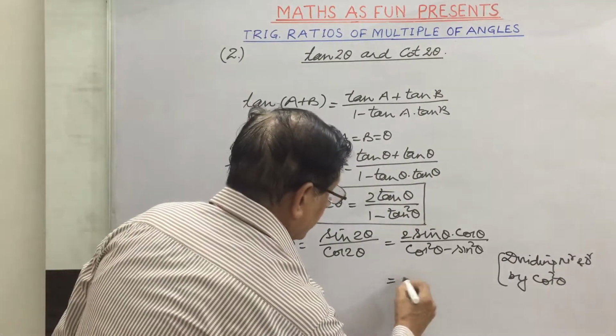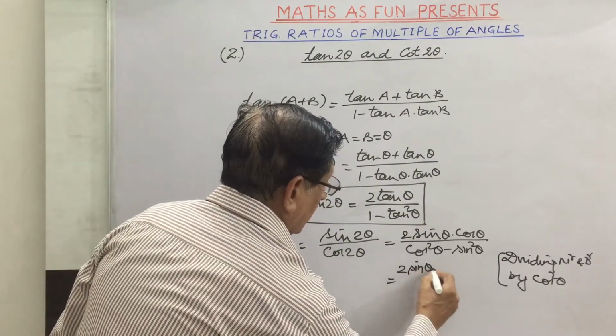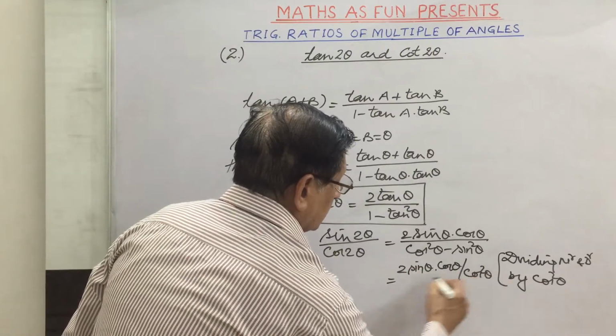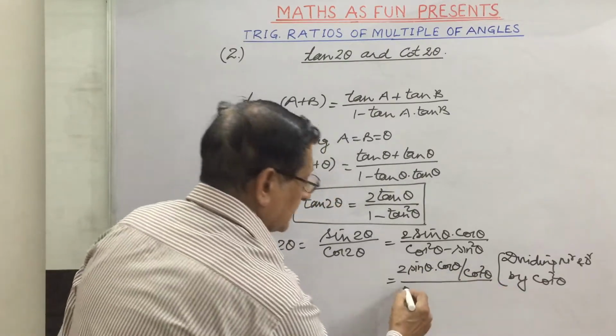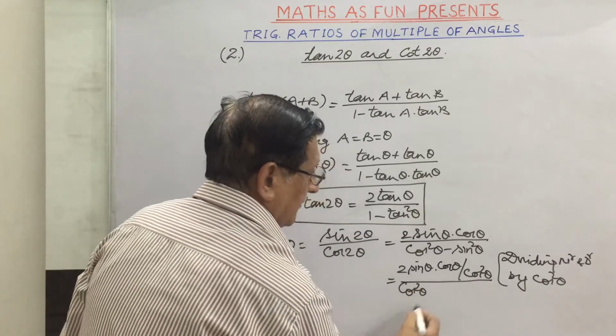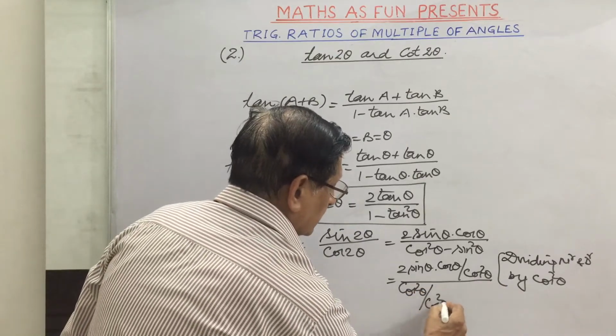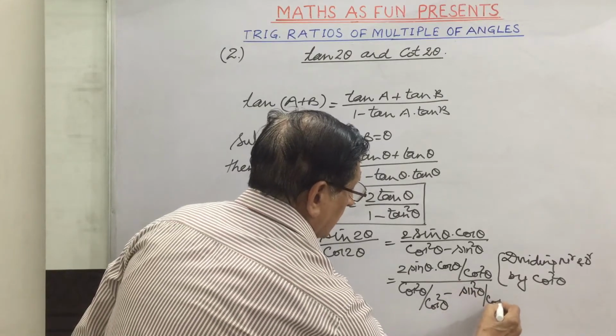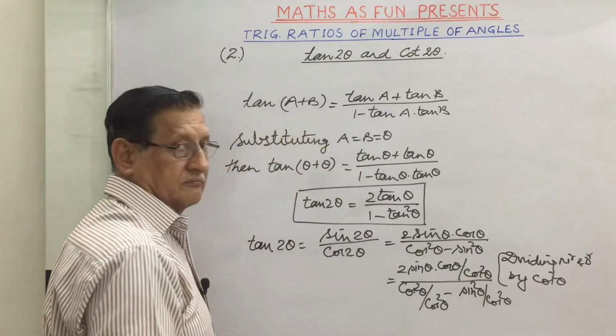We will have here 2 sine theta into cos theta upon cos square theta, and in the denominator cos square theta upon cos square theta minus sine square theta upon cos square theta.